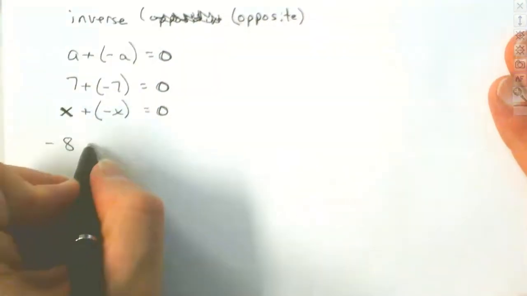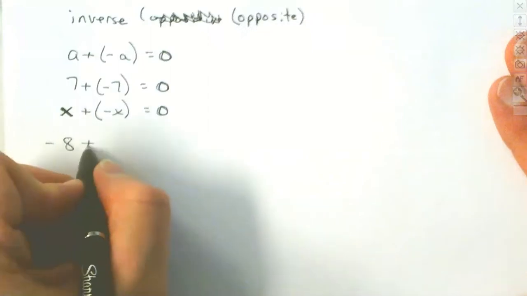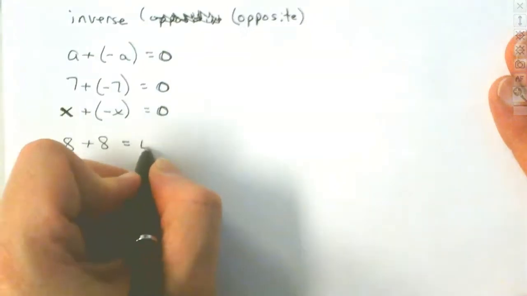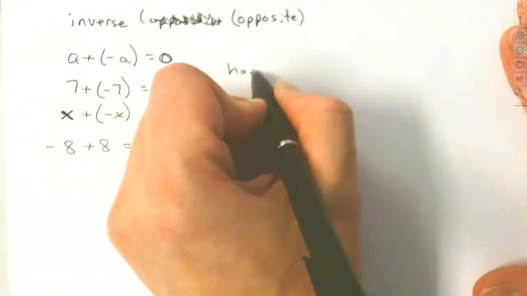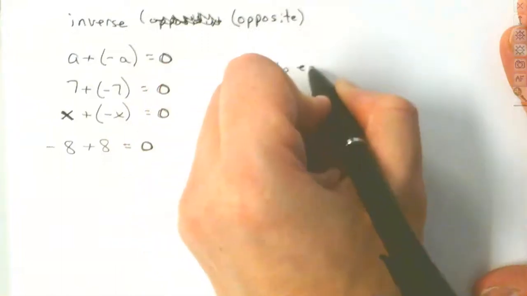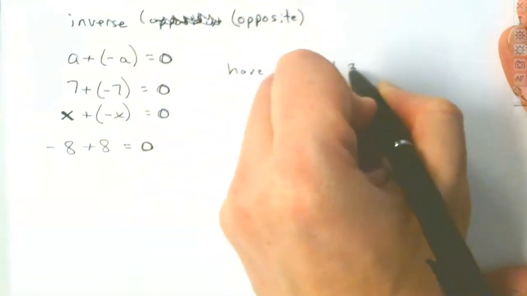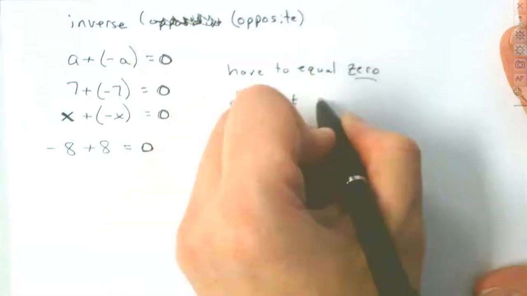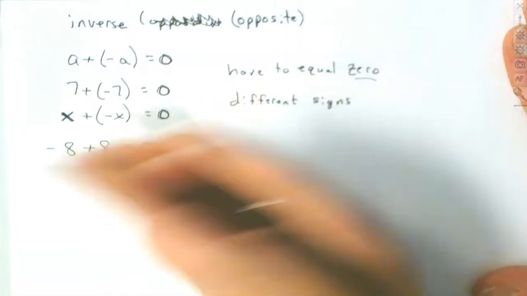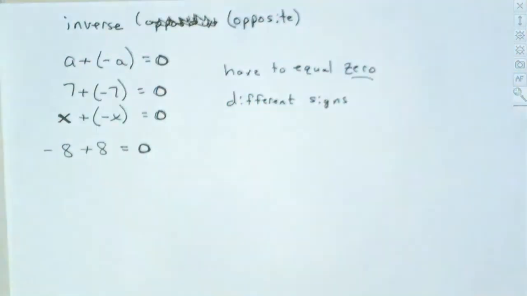The opposite of a negative 8 would be a positive 8, right? Because they equal what? 0. So they have to equal 0. And they're different signs. So inverses, they equal 0, and they have different signs. That's for your additive one.